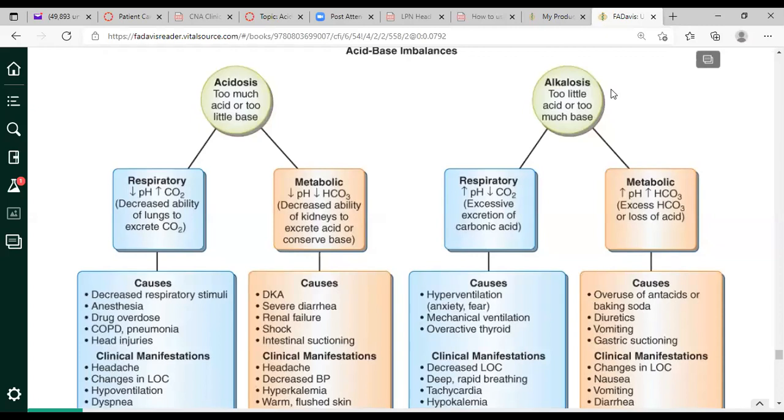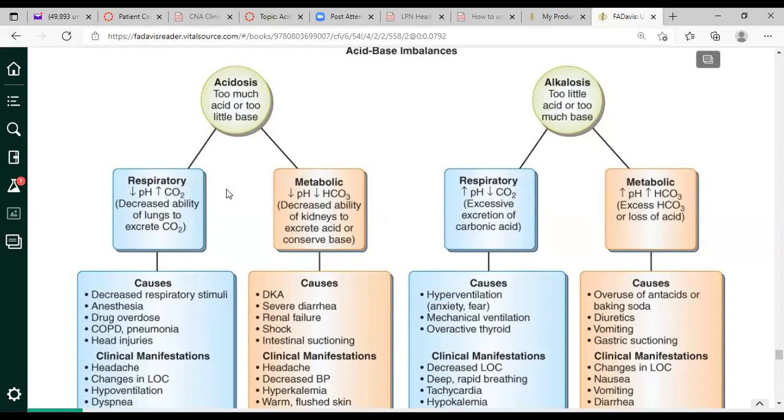It's also important to know, as it relates to acid-base imbalances, that different things can cause different imbalances.